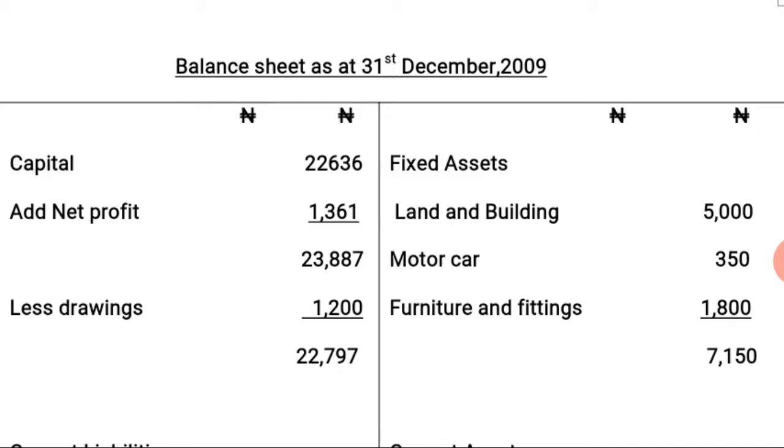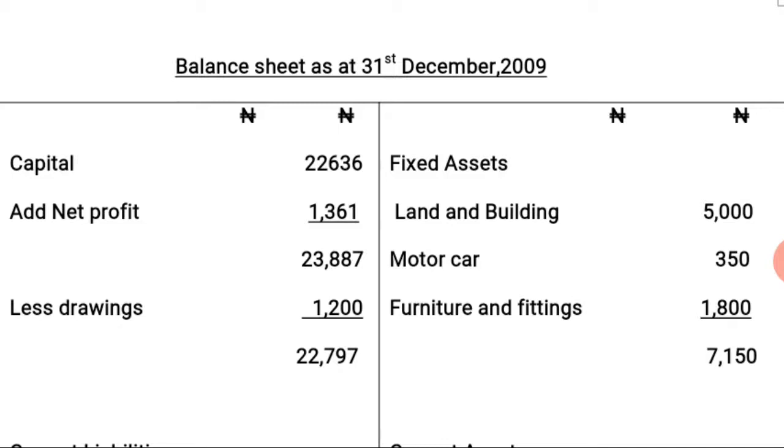Then we have capital. The capital on the left hand side, 22,636 naira. Then you had net profit of 1,361 that we realized from the trading profit and loss account.